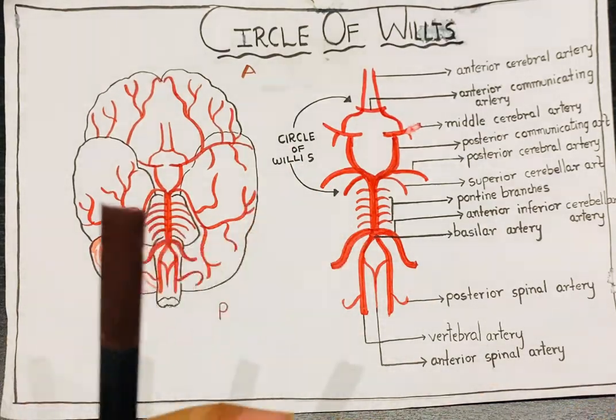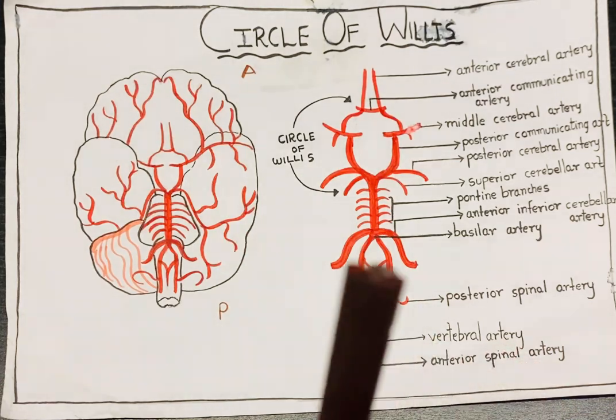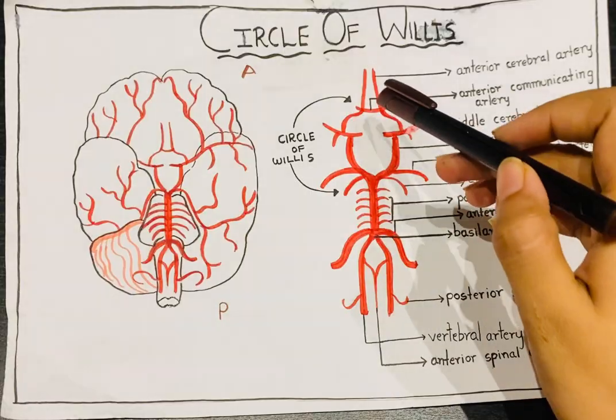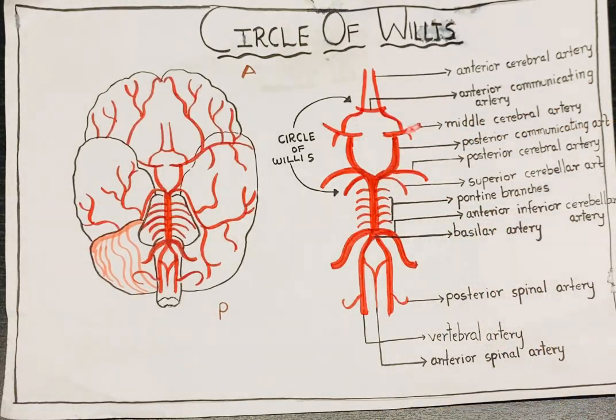Basically, this anastomosis, or these many branches of the circle of Willis, are sort of a defense mechanism, so that just in case one of these arteries gets blocked, there are alternate routes for the blood to reach that particular part of the brain. So the functional importance of the circle of Willis is that it provides alternate routes for blood supply in case of blockade in one of these arteries.